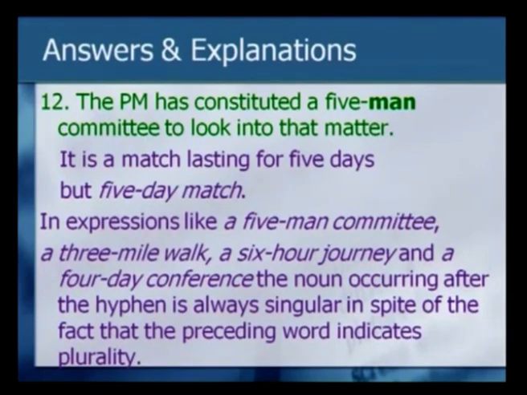Similar examples, you can say it is a match lasting for 5 days. If you want to use the plural form, then you have to form a sentence like this and say it is a match lasting for 5 days. But if you use this 5 days in an adjectival position as here, where it is trying to describe the noun that follows, match, then you have to say 5-day match, not 5 days match, which is incorrect.